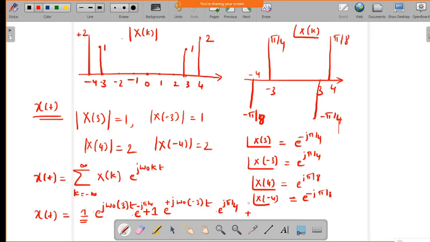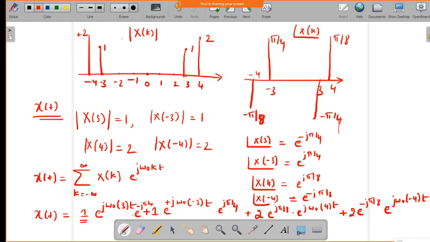Similarly for x of 4, we have the magnitude value 2, with phase e power j pi by 8 into e power j omega naught into 4 into t, and similarly 2 into e power minus j pi by 8 into e power j omega naught minus 4 into t for x of minus 4. So only these values exist for x of t.